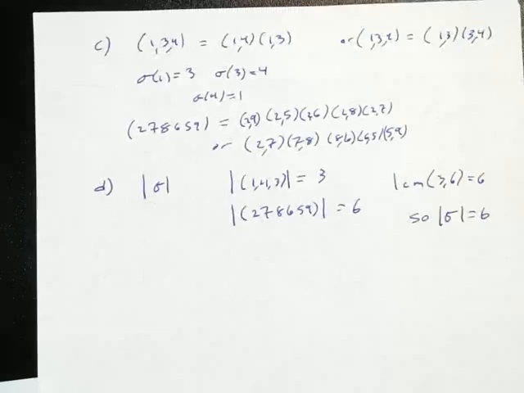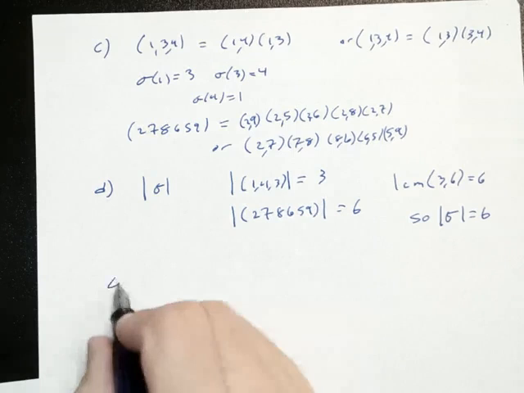If you wanted, you absolutely could do this the longest possible way, by writing out sigma, sigma squared, sigma cubed, sigma to the fourth, until you got back to the identity. I don't want to do that, but we could. The advantage, though, is that when you multiply a cycle by itself, you just skip that many through, right?